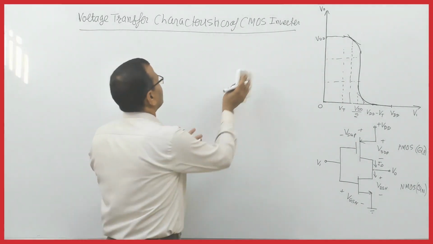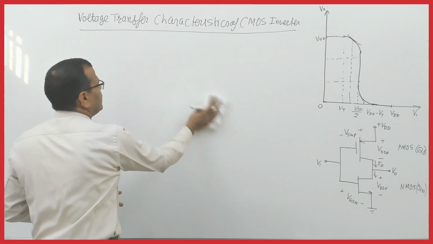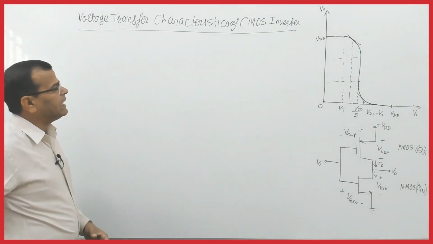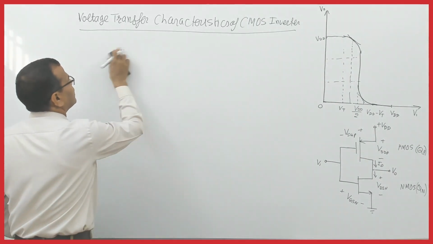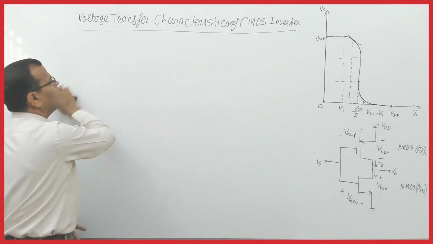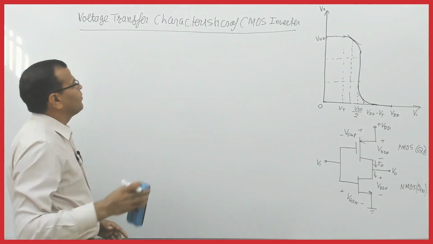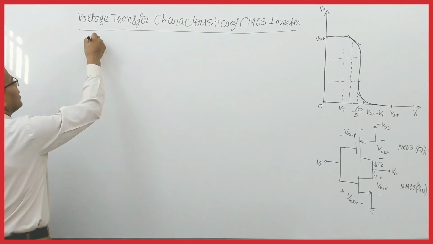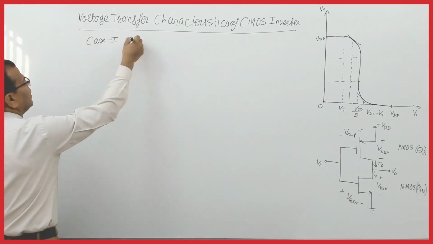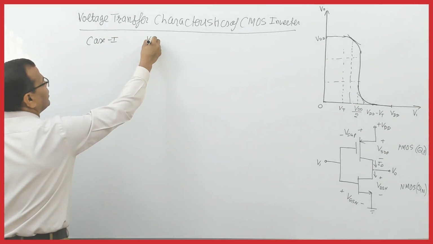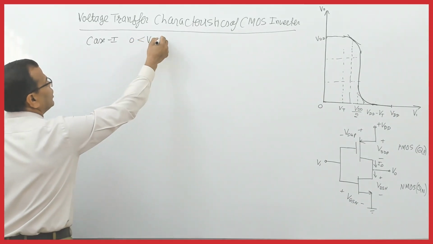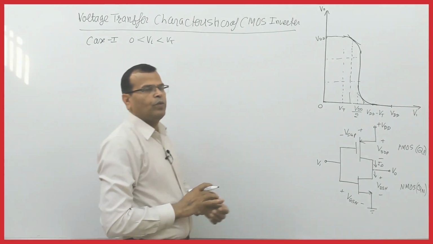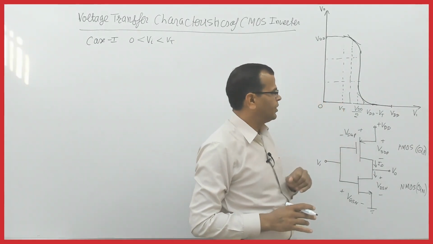First we will take case 1. Case 1 is that the input voltage is less than or equal to the threshold voltage. Case 1: input voltage is less than threshold voltage but greater than 0. This is the range of input voltage.